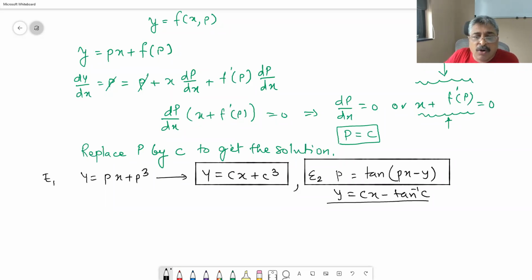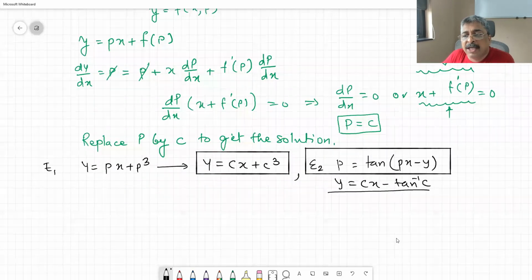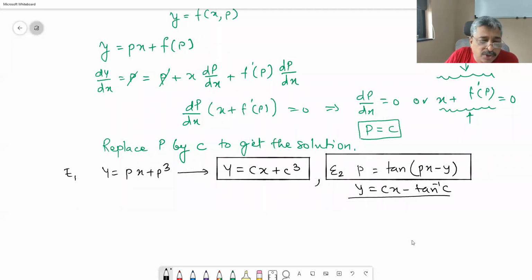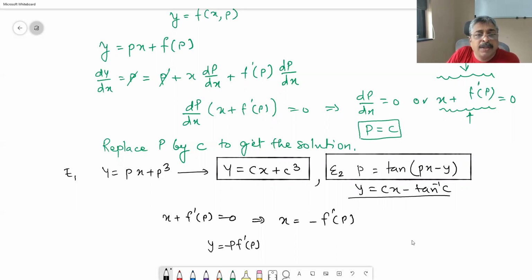Now let us look at what we mean by x plus f dash of p is equal to 0. X plus f dash of p is equal to 0 implies x is equal to minus f dash of p. And if we substitute that value in the original equation, we get y is equal to p times minus f dash of p plus f of p.